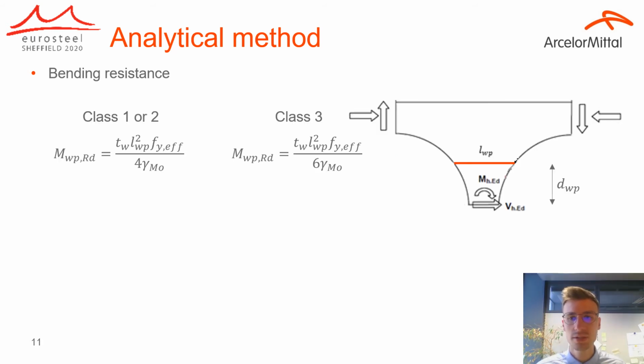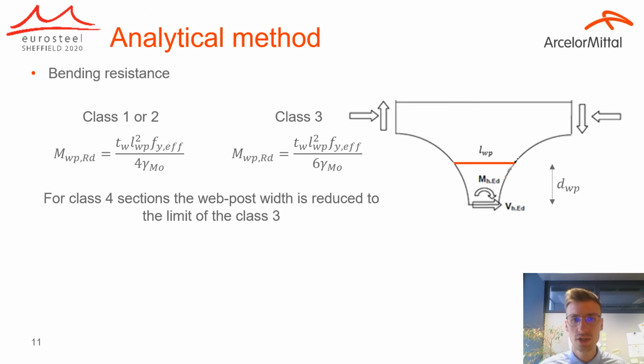The bending resistance of the web post is calculated considering plastic design for class 1 and 2 and elastic design for class 3, knowing that the classification of the web post is performed considering the Vierendeel assumption for the classification, as described in Eurocode 3 1-13.